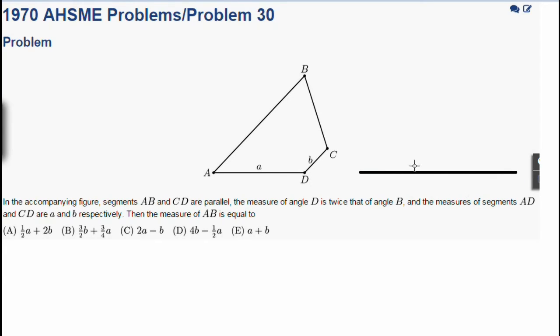To make this simple, we don't want any obscure values to plug in, like 47 degrees. We want just good old values that we know and love. So when I think of an angle, I like 60 degrees, right? But I don't think that really fits in here because it seems that angle D has to be obtuse, so I don't think 60 will work.